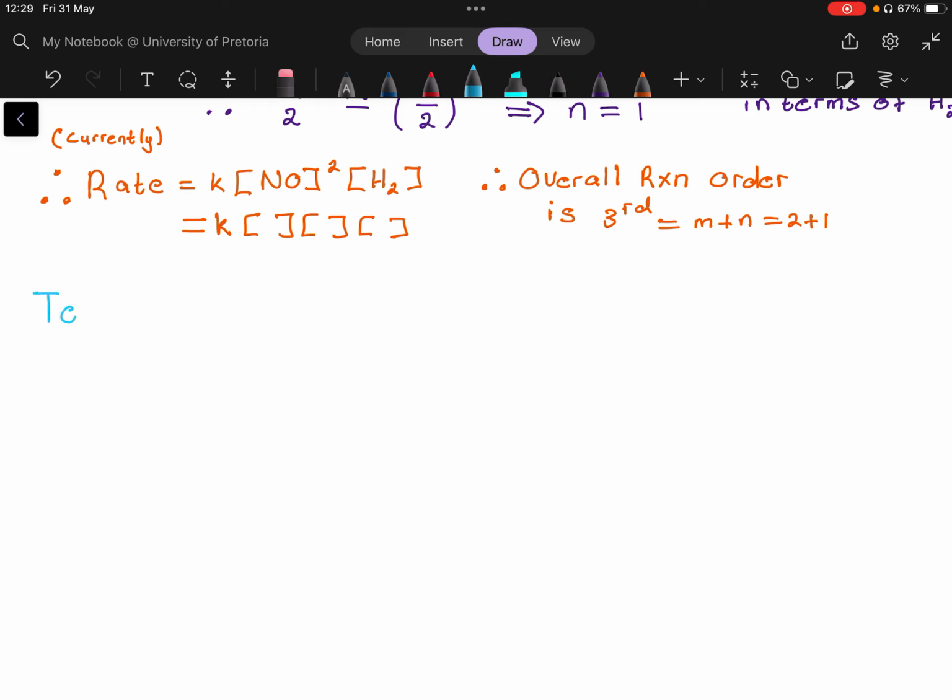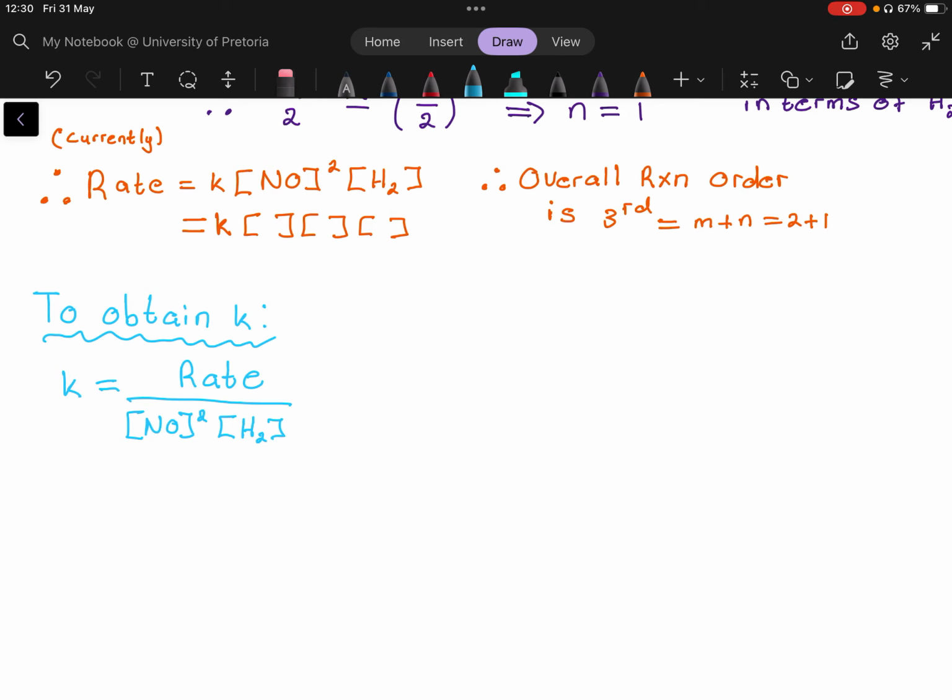To obtain K, we then solve for K. So K is equal to the rate divided by the concentration of NO squared, H2.